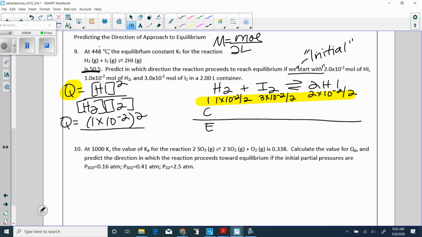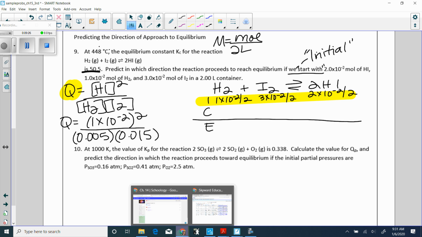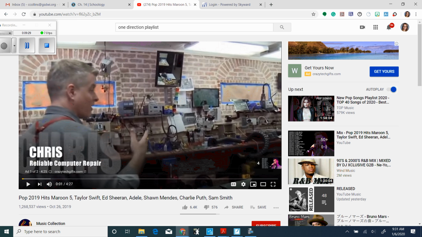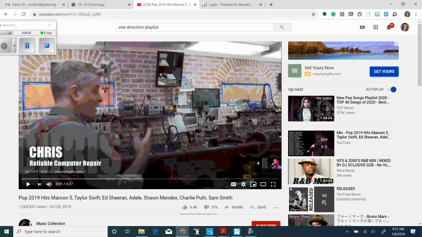Remember, coefficients become exponents. 1 times 10 to the negative second divided by 2. When you have a second, check in with your battle buddy to make sure they understand why we're dividing by 2. Hey, do you get why we're dividing by 2? Do you need help pushing buttons? Why don't you go ahead and solve for Q with your battle buddy? And check in with us.